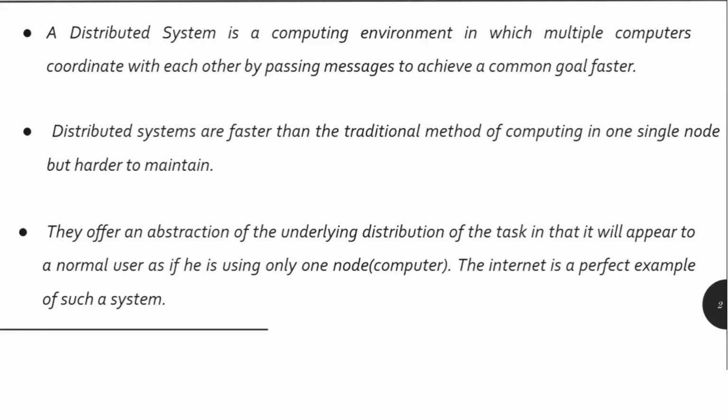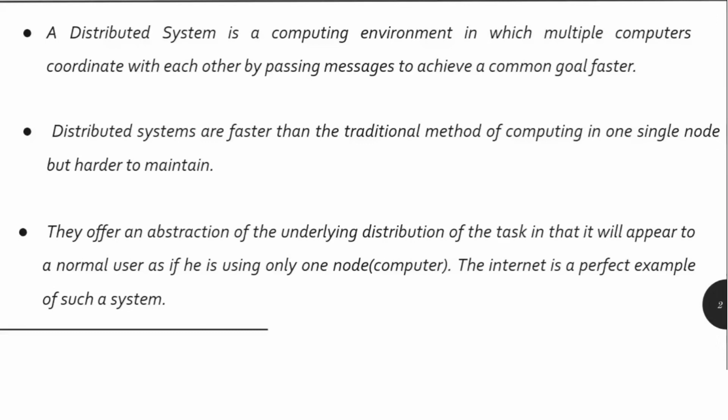In other words, from the perspective of a normal user, he is ignorant of the fact that in order for the internet to work, it requires more than one machine. He just thinks that all of that computation is done locally. So that's what we mean by a distributed system offering an abstraction.